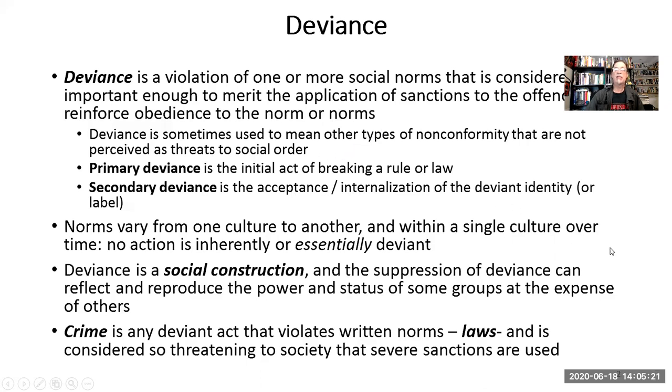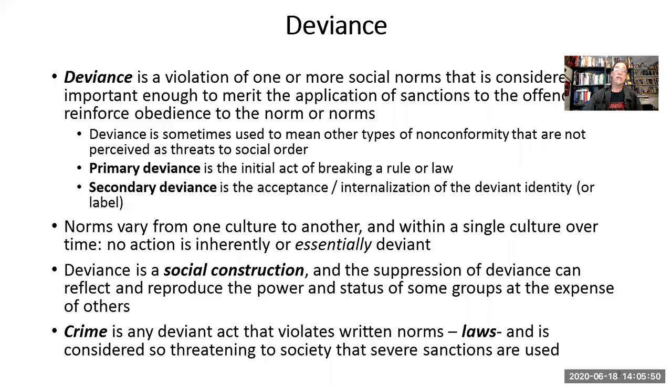Primary deviance is the initial act of breaking the rule or the law. Secondary deviance is acceptance that you are a deviant or you're internalizing the deviant identity. This relates to something called labeling theory. There are several important social psychological theories about how people become deviants and criminals as well as a type of deviance.